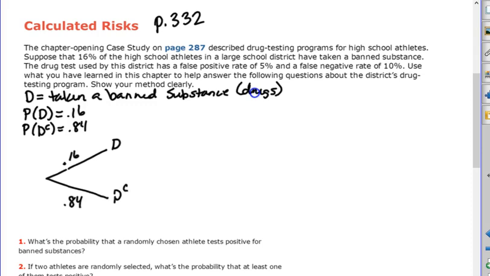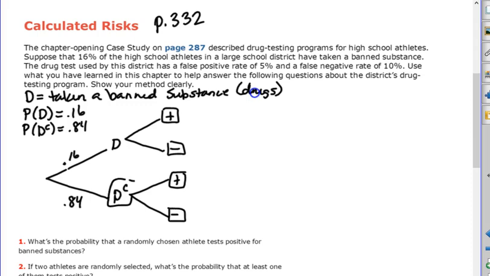for no drug. Then we look at the false positives and false negatives. So here, either the person tested positive or they tested negative on both of these cases. Either the person tested positive for drugs or negative for drugs. So here's whether they took the drugs or not, whether they tested positive or not. So a false positive means that it said they took drugs when they didn't.